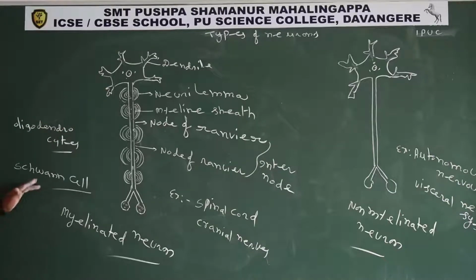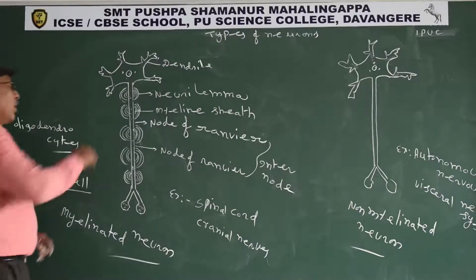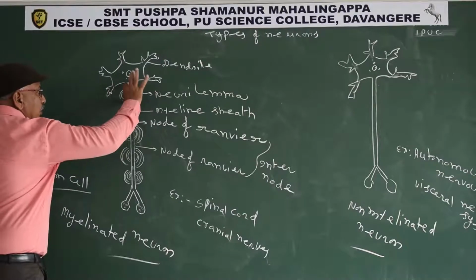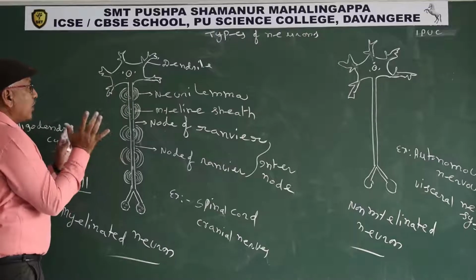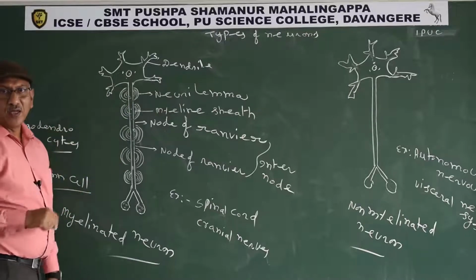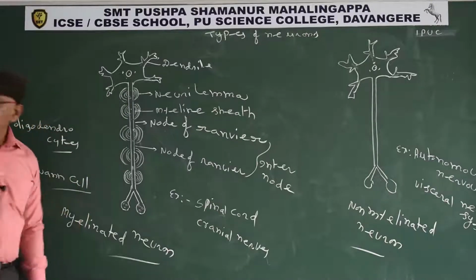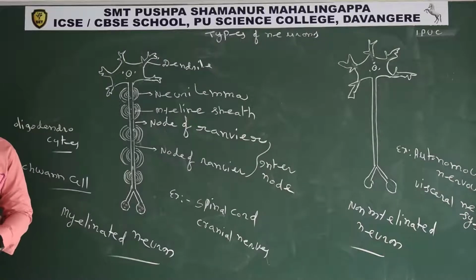In the peripheral nervous system, the Schwann cell is present around a particular part of the axon and protects that part only. It is in the form of layers.